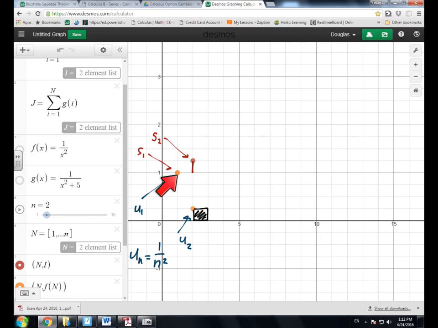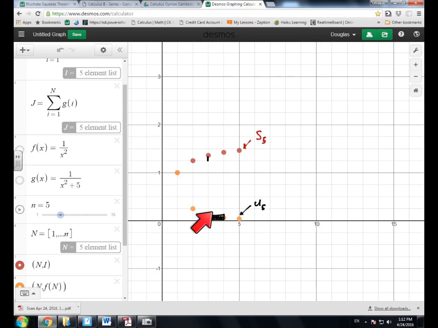They share a point at first, but the partial sum goes up as the sequence itself continues to decrease, because in the first case, I've added the area of 1 times the value of the function. And so however tall this is, that is added to my partial sum. If that doesn't make sense, let's look at another example. This height right here, representing the area of the next rectangle, is added to our partial sum right here. This little bit right here of u sub 5 is added to the previous value before it, and so on.